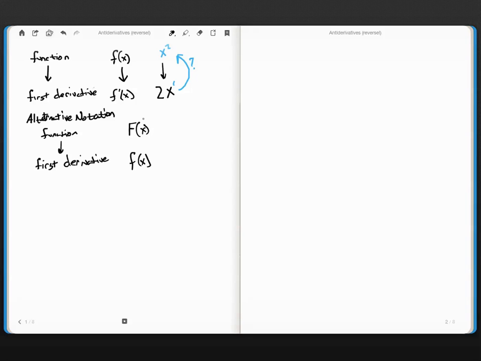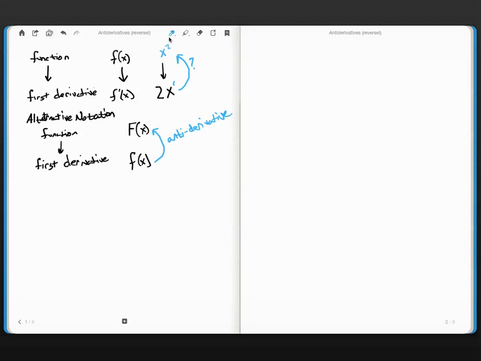This changes from field to field, country to country, culture to culture, but most often a big F means it's the antiderivative. So this process here is the same as that one I did in light blue. This is the antiderivative. I don't know if antiderivative is necessarily hyphenated, but I'll put it in there.